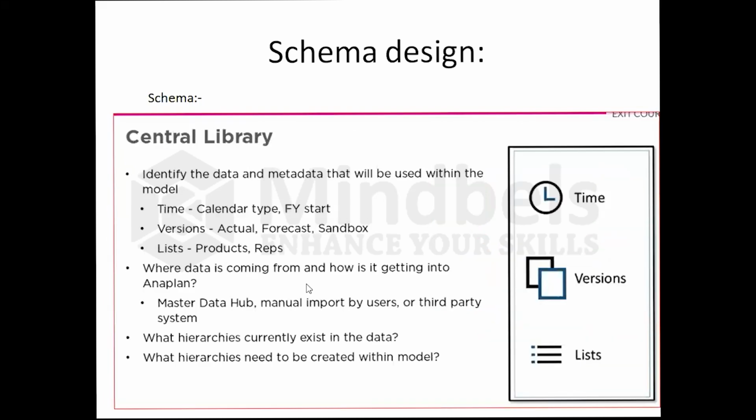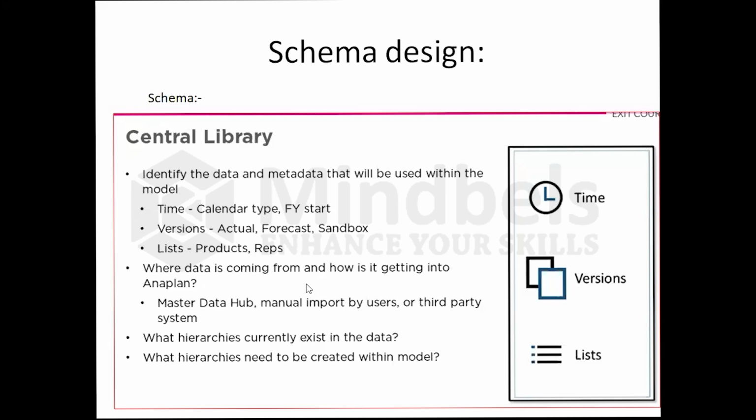Now, what exactly does central library mean? Central library means nothing but your time dimension, version, and list. So identify the data and metadata that will be used within the model. Now, if you need to create a module, you need to have a list, right? Whatever list you require to create that module. Then you need to identify which lists are required for you, like time, calendar type, FY start, version, actual, forecast, sandbox lists, then products, reps.